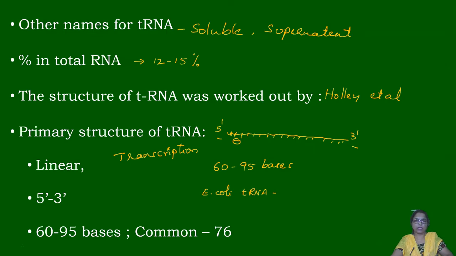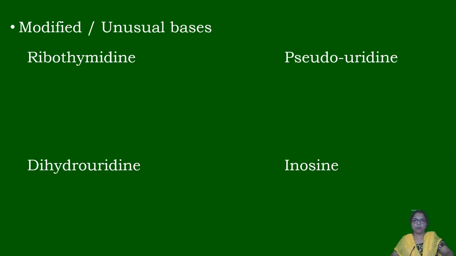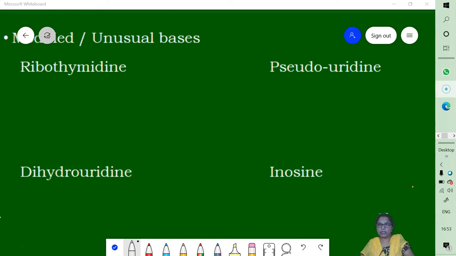The number of bases is 76. That is about the primary structure of the tRNA, and this primary structure also contains a number of modified bases. They include ribothymidine, pseudouridine, dihydrouridine, and inosine.